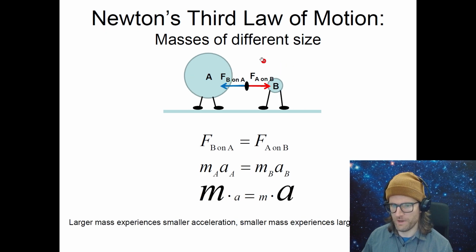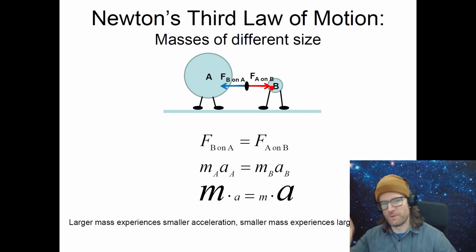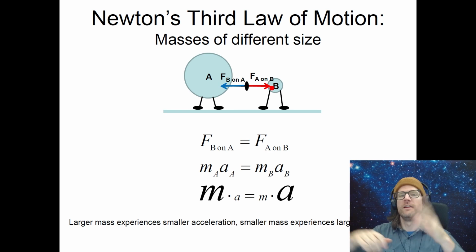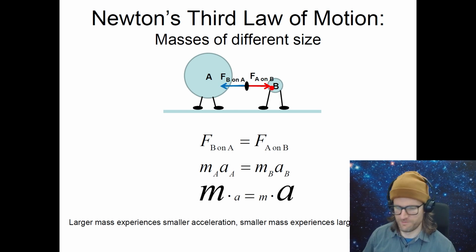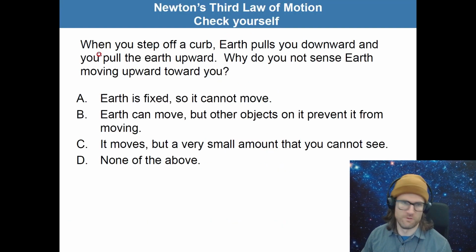But if person A is much more massive than person B, they're going to push on each other with the same force, but B's acceleration will be much more. So if a big person and a small person run into each other, the small person is going to go flying, and the large person won't move much, even though they have the same force on one another. Now some questions. When you step off of a curb, Earth pulls you downward and you pull the Earth upward.